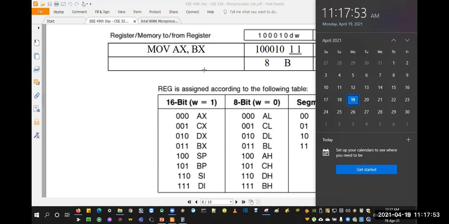That's why it will take about 2 hours to 2 hours 30 minutes. So the lab exam will be held on Sunday the 25th.